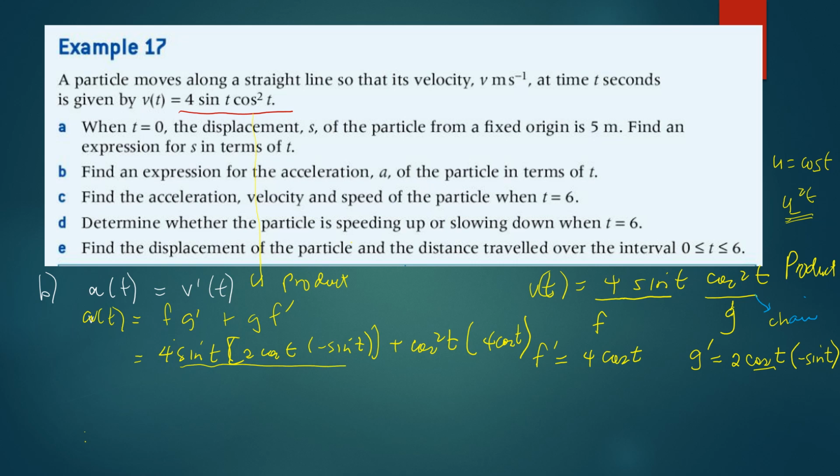Okay, we can simplify this. So 4 times 2, we can write that as 8, but this is negative here.